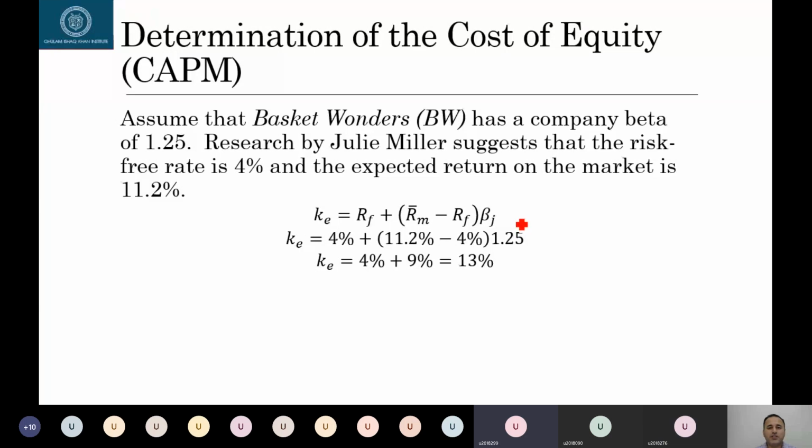Now, determination of the cost of equity, CAPM. Again, all the numbers are given. Assume that Basket Wonder has a company beta of 1.25. By the way, Reuters calculates company betas. There is no rocket science in it.